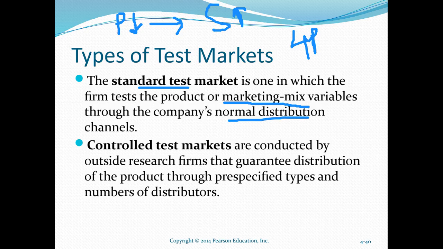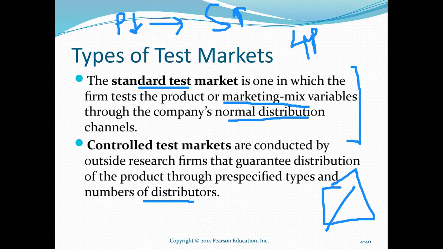Another option is controlled test markets, which are conducted by outside research firms that guarantee distribution of the product through pre-specified types and numbers of distributors. So you might choose a different location, a particular city where you want to test through other distributors. You are not using your own distribution, just to understand the responses and behavior of the consumer.